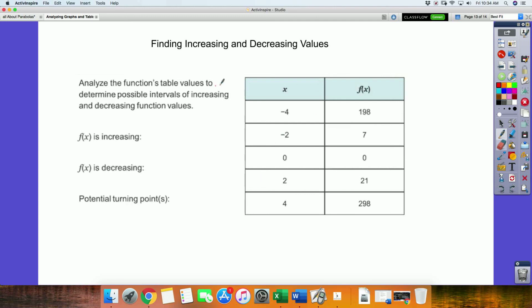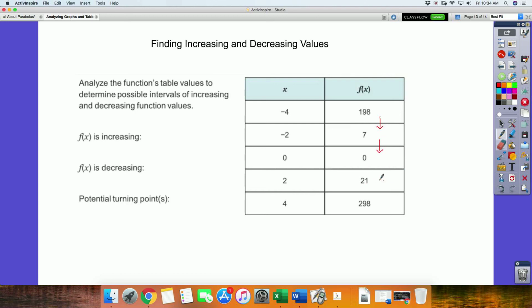Now, let's look at reading our table here to find when it's increasing or decreasing. So before I look at anything over here, I'm just going to go to my graph and I'm going to put my arrows. So I see it went from 198 to 7, so that decreased. From 7 to 0, it got smaller.